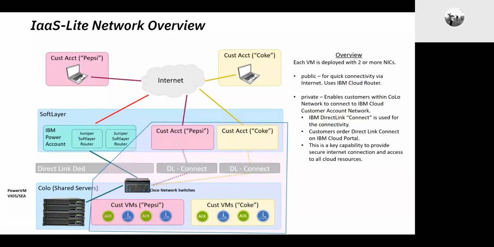So this is an additional charge. In addition to the pricing information that we gave for the Power Virtual Server, you also need to calculate the price of the direct link connect and any egress data that goes out of the IBM Cloud back to on-prem. Those are additional charges you'll have to factor in.